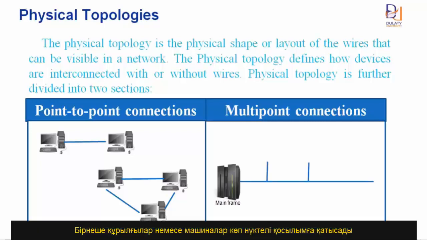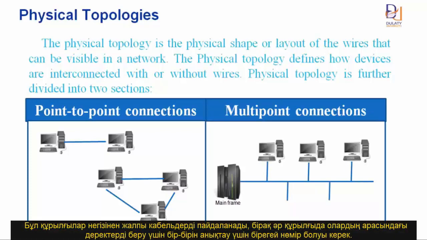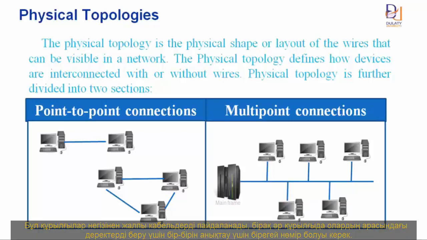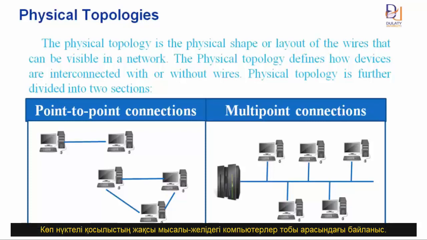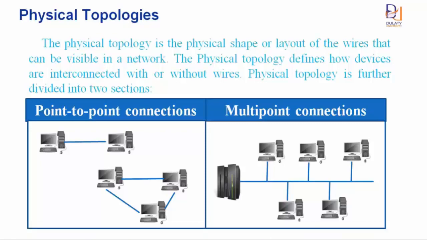Multiple devices or machines are involved in a multi-point connection. These devices mainly share cabling, but each device needs to have a unique number to identify each other for sending data between them. A good example of a multi-point connection is a communication between a group of computers in a network.